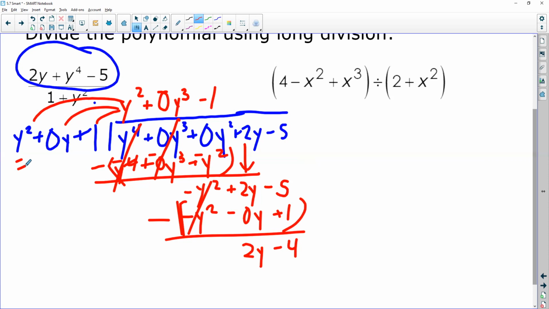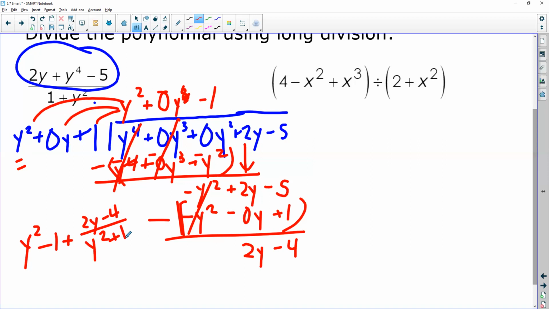It's going the wrong direction. So what my answer is, y squared minus 1 plus 2y minus 4 over y squared plus 1. That's it. You try the next one.